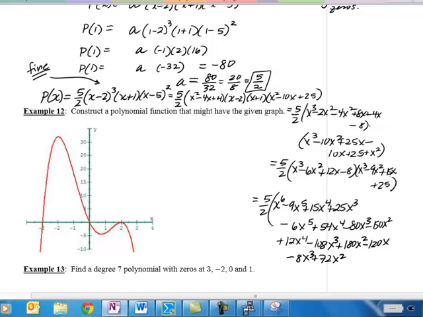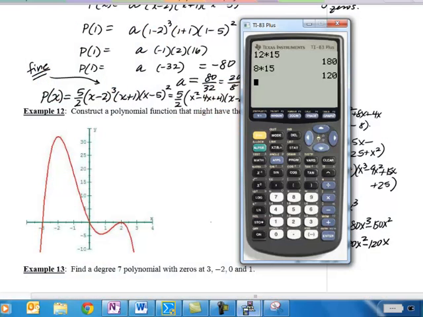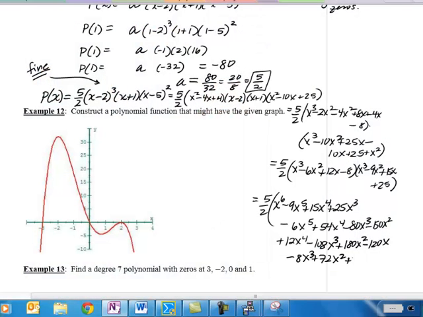Oh, I shouldn't have done this. 8 times 15 x. 8 times 15 was 120. That's negative. And then minus 8 times 25, that's negative 200. I had a mistake in there somewhere. Let me figure out where that was.